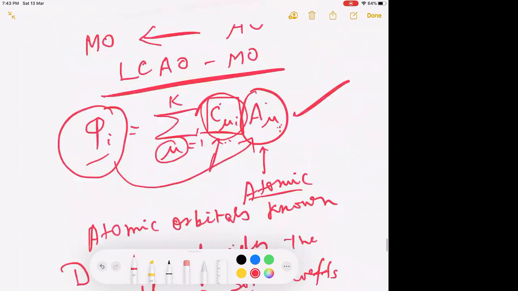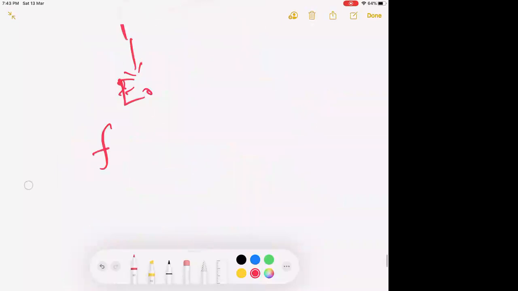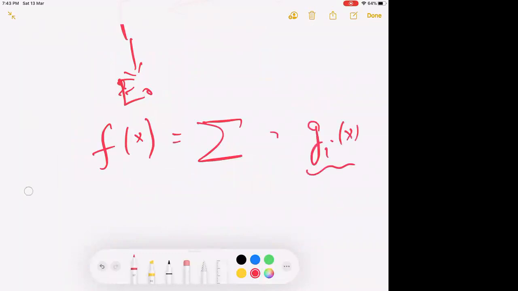Because mathematically what I'm doing is expanding a one-particle function in terms of another one-particle function. In mathematics, if I have f of x and I want to expand it in terms of another basis, g_i of x, this must be complete. So it should be a complete basis.